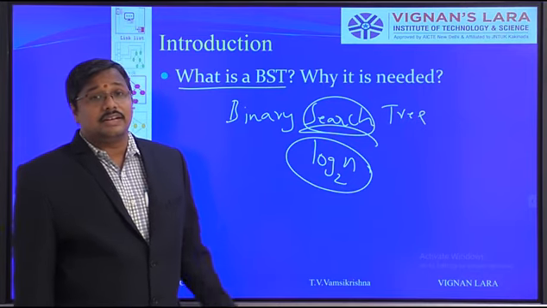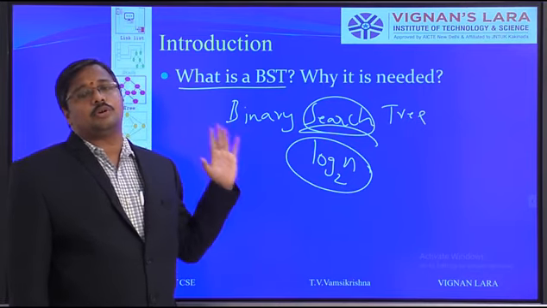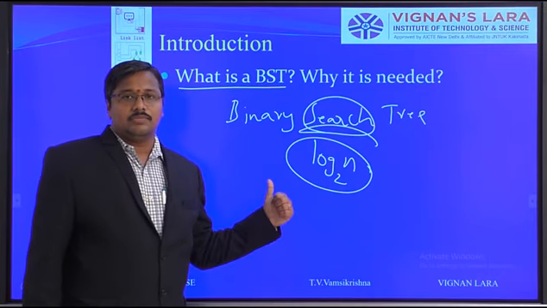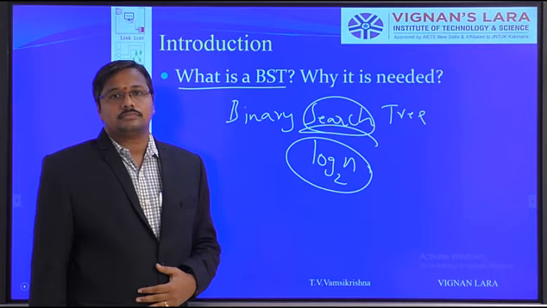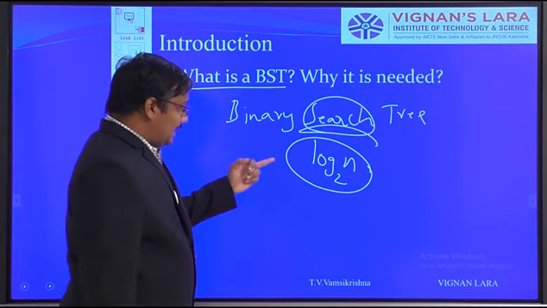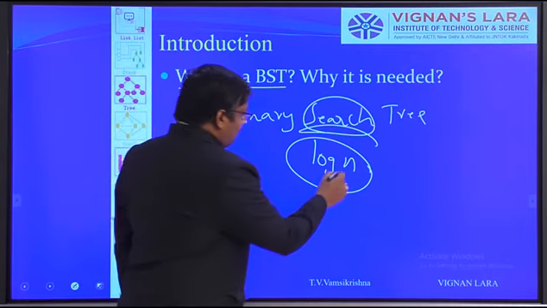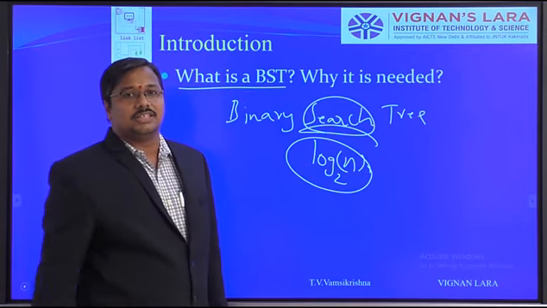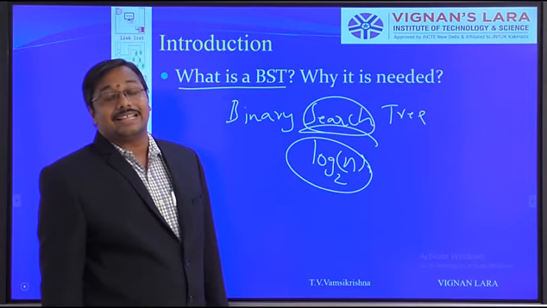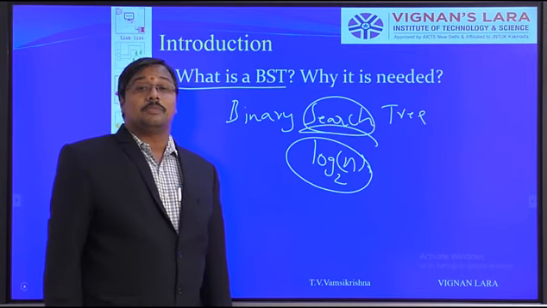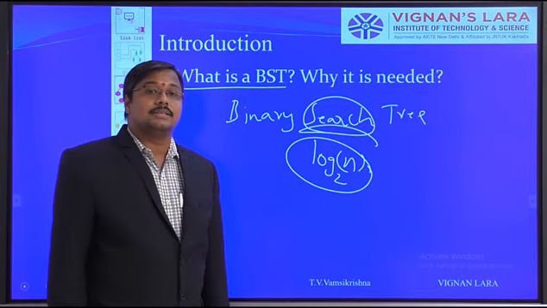In this unit, it is a very important concept. No doubt, one question will come from this concept. We already saw this time complexity in the case of binary search in the first unit, where we checked different kinds of search mechanisms: linear search, binary search, and Fibonacci search.